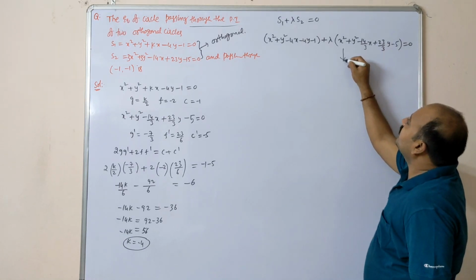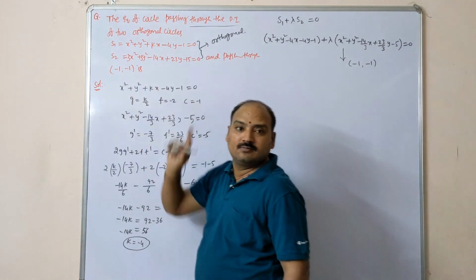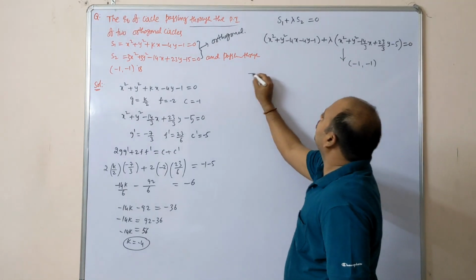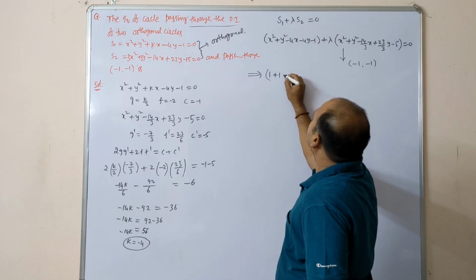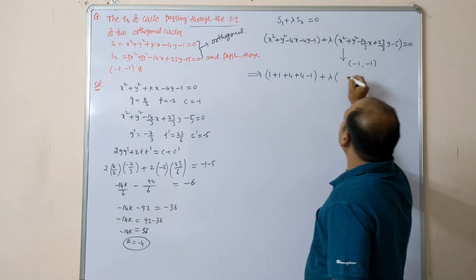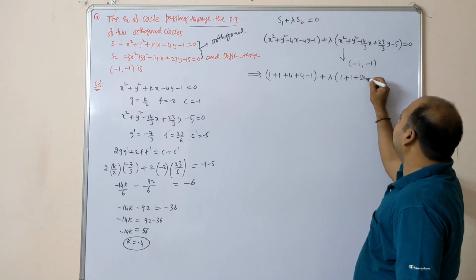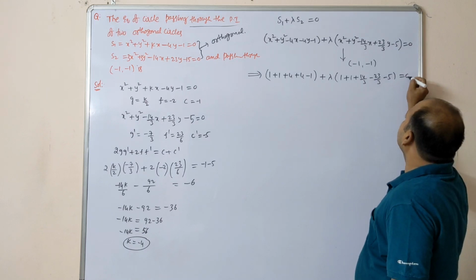This equation is passing through minus 1 comma minus 1, as they mentioned. So in place of x and y, substitute minus 1, minus 1: 1 plus 1 plus 4 minus 1, plus lambda into 1 plus 1 plus 14 by 3 minus 23 by 3 minus 5 equal to 0.